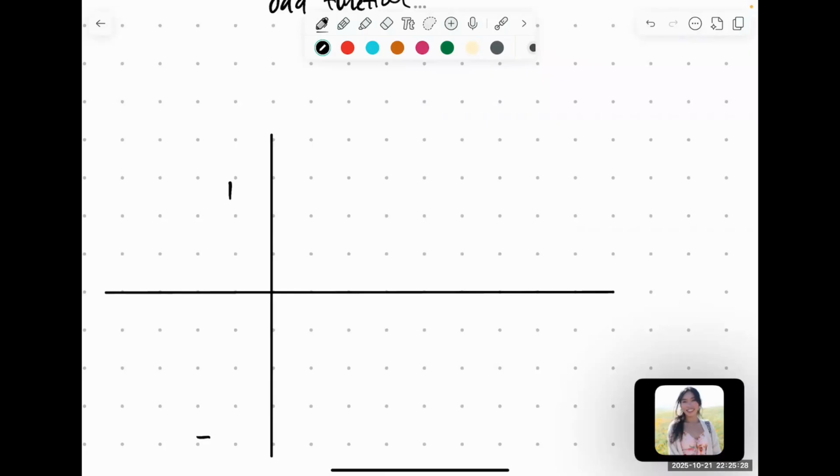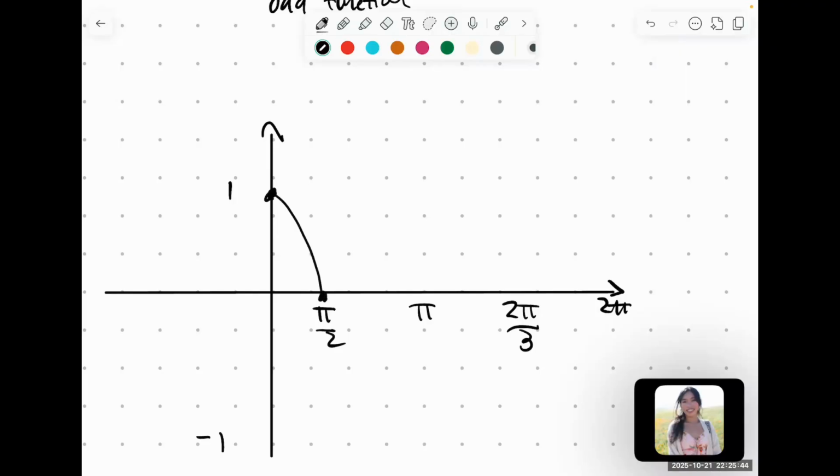I'm going to do 1, -1, pi over 2, pi, 3 pi over 2, and then 2 pi. This one's actually going to start at 1. It's going to go through pi over 2, going to go down to -1 at pi, going to go through 3 pi over 2, so it's going to go up, and it's going to go back up to 1.